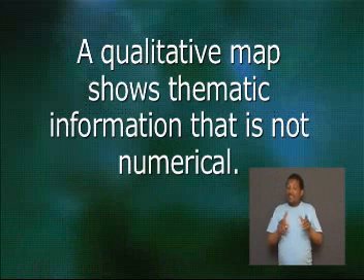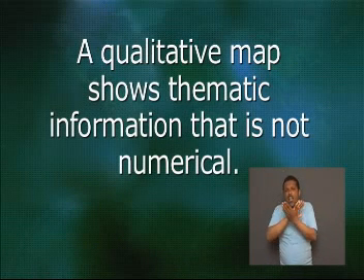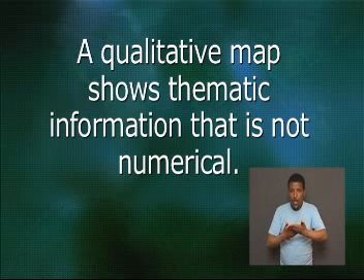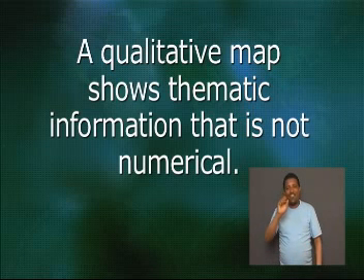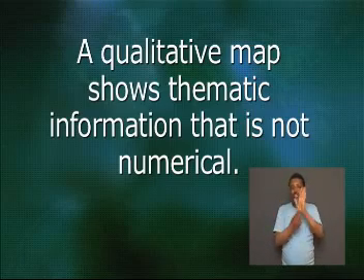Let us begin with a discussion of qualitative maps. A qualitative map shows thematic information that is not numerical. An example of a qualitative distribution map is one that shows different regions.